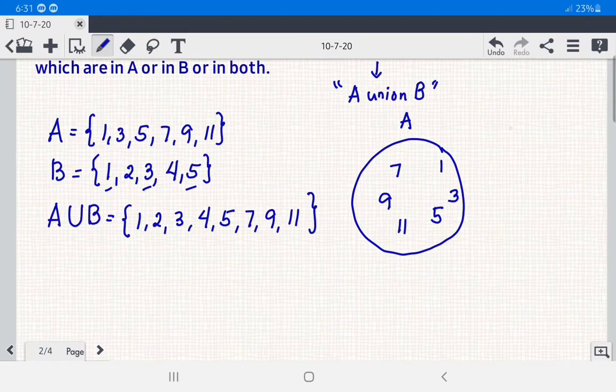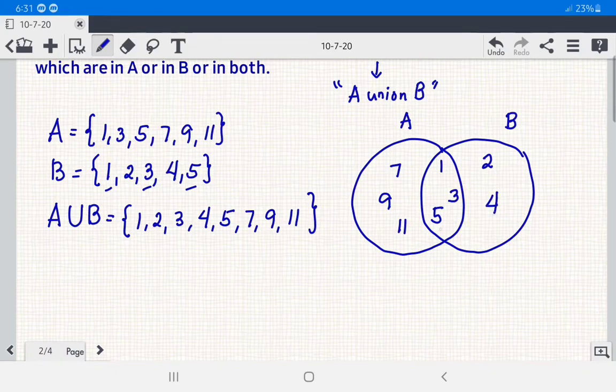Then let us make another circle. We have to consider the elements 1, 3, and 5. We already have 1. Then we will just write here 2. We already have 3. Then we have here 4. And then we already have 5.